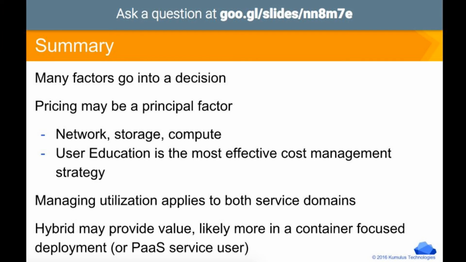So whether you use a tool like Sensu or a service like Splunk to capture data, or whether you're using your cloud provider to give you data at the end of the month as to how much you've consumed, understanding what that utilization really looks like, and educating your users to help manage those costs over time, are the things that are going to help make decisions about either cloud transitions or which cloud to continue to consume, because the reality is that I think most of us are already using some form of cloud. That's really the key to all of this. And lastly, the question about hybrid always seems to come up.